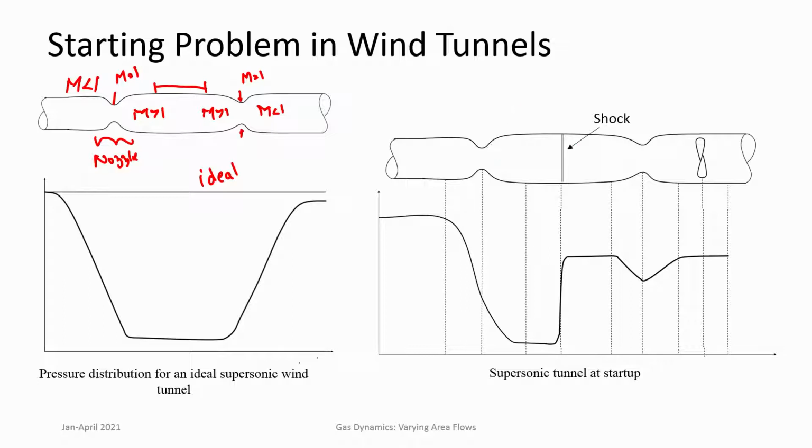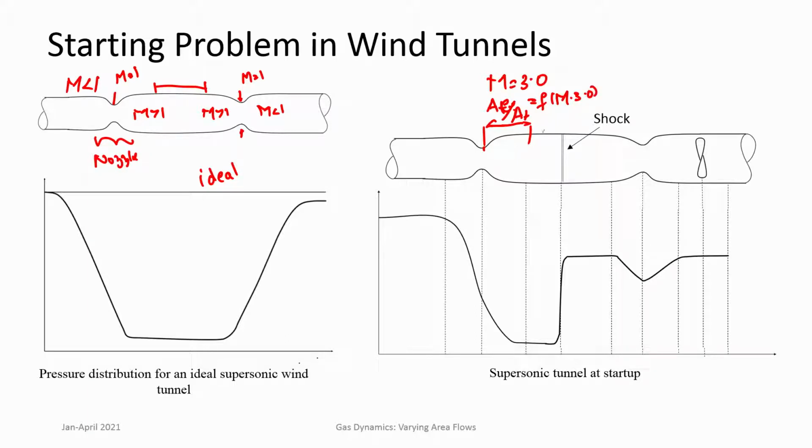For example, if the Mach number in this test section is equal to 3, the area ratio to be provided, that is, exit by throat of the nozzle, will correspond to Mach number 3.